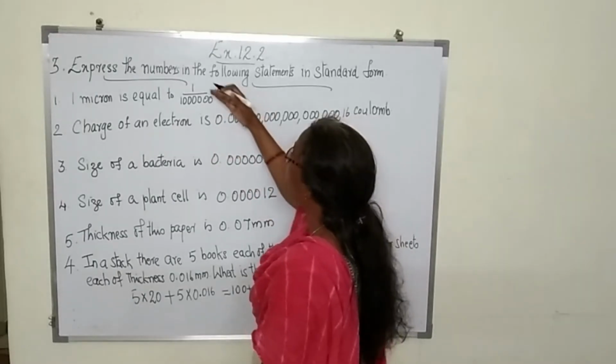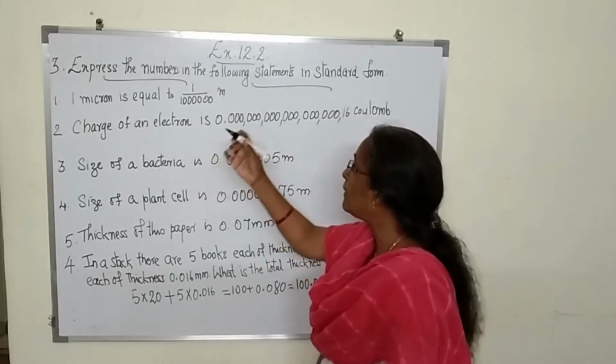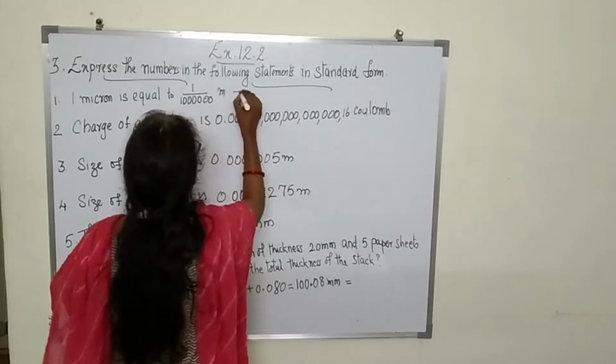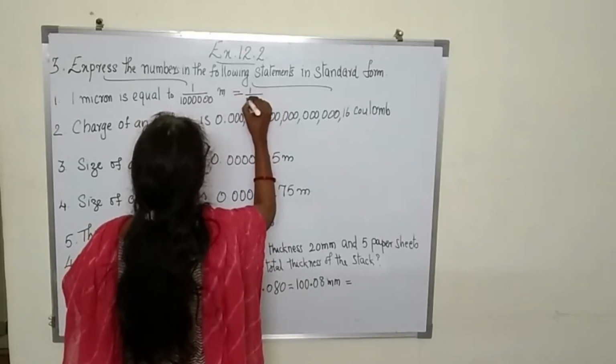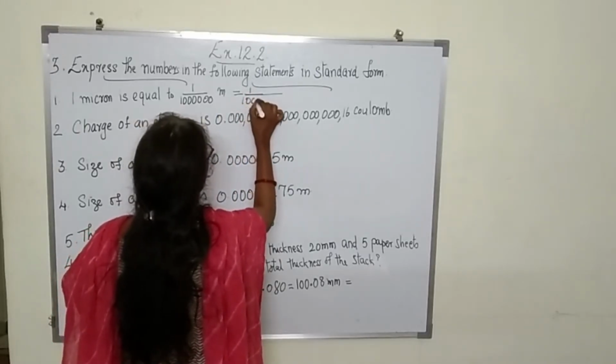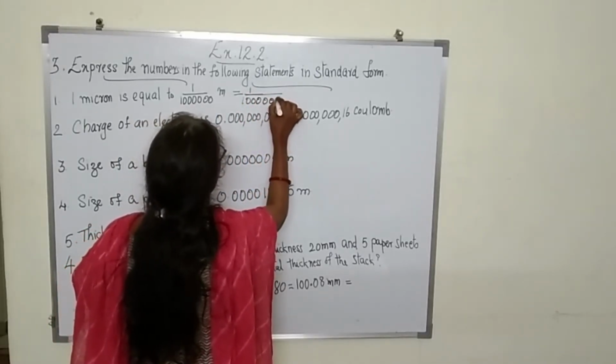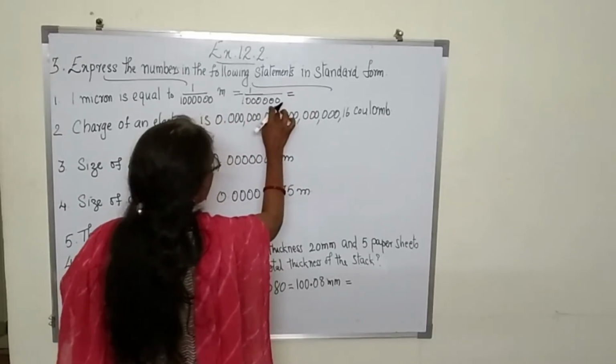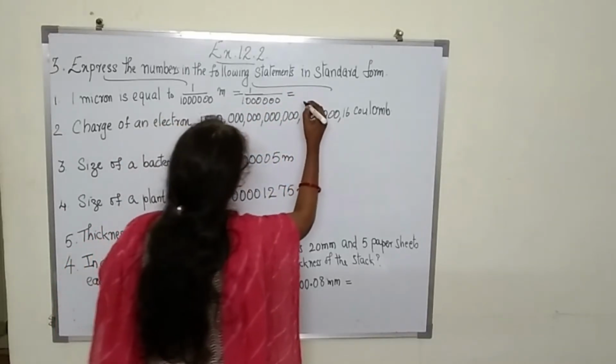meters. Now whenever it is in the denominator, what will this be equal to? 1 upon this number, 1 upon how many zeros? 6 zeros. 1, 2, 3, 4, 5, 6. We have learned that whenever it is a reciprocal, we write it with a negative power.